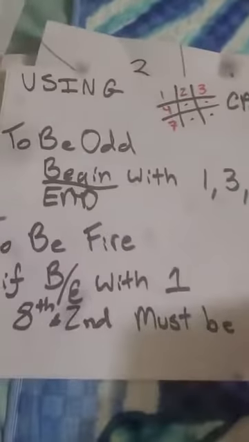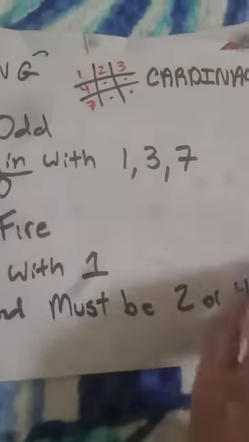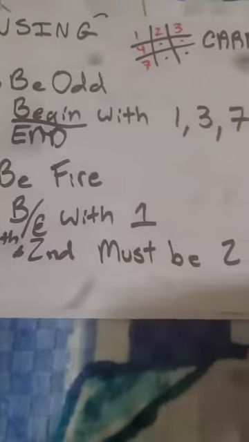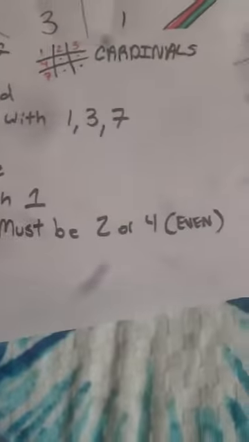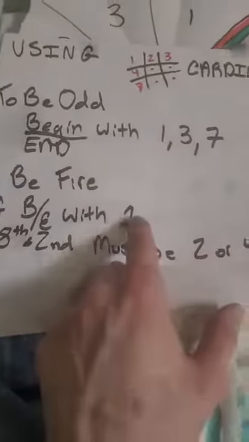And so this was how to be fire, 9 digits and symmetrical using cardinal placements. To be odd, I would begin these numbers with 1, 3, or 7. To be fire, I begin with 1. The eighth and the second must be 2 or 4, even, such that it would be like 21 or 41.